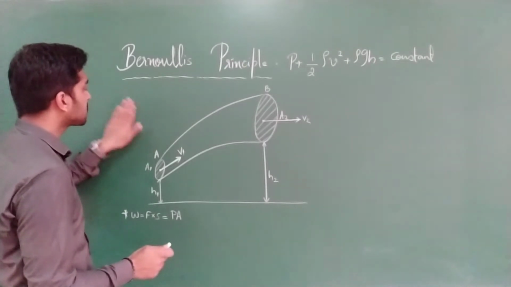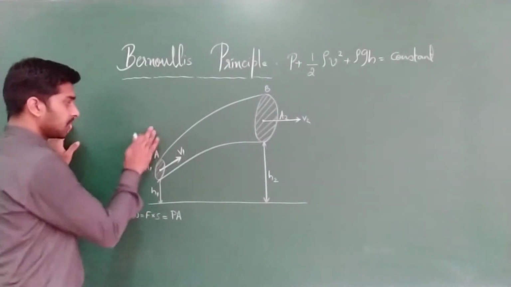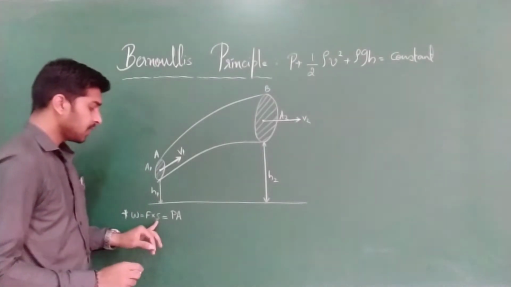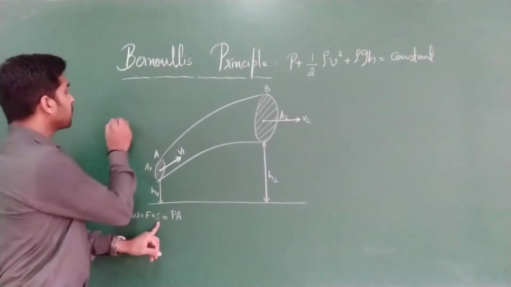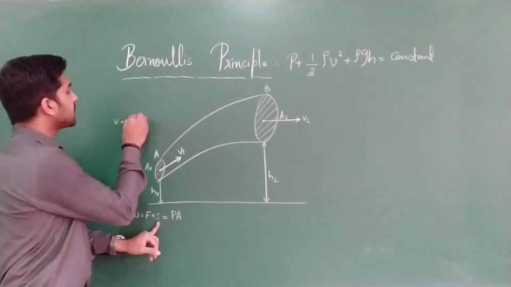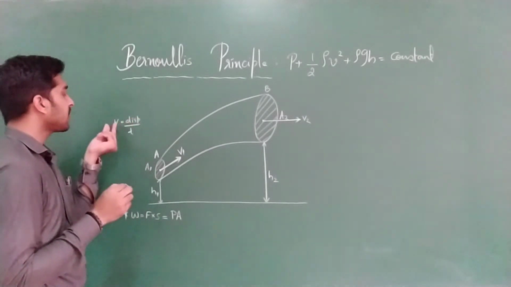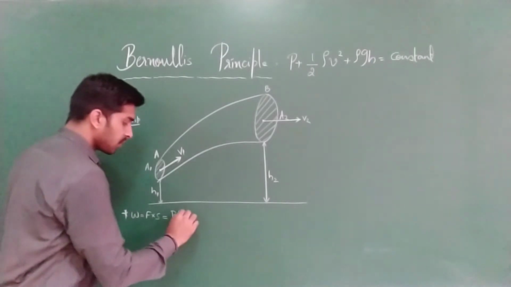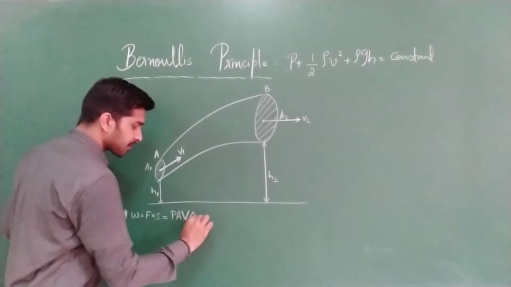Okay? Next, about displacement. Listen. We know that velocity is equal to displacement by time. Correct? So we want displacement, how can I write it? Velocity into time. So V into, for time I will mention delta t.